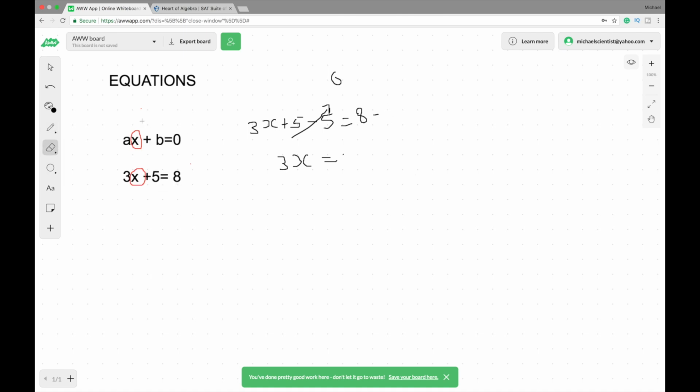Thank you for pointing that out. This should be 5, no wonder the 3 was off. Right, so this is 3.